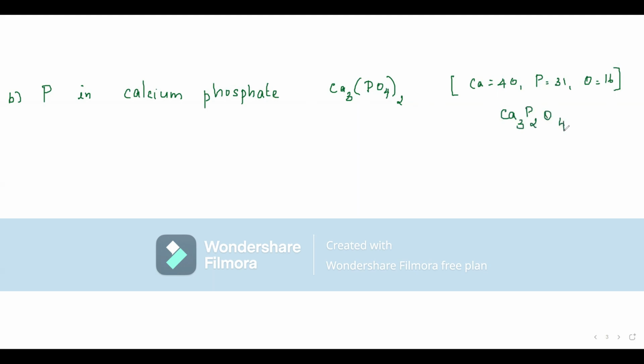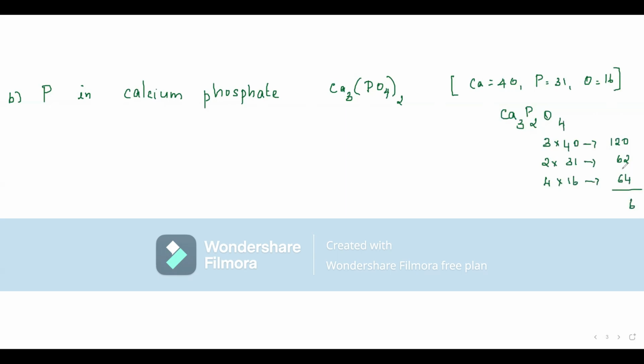That way also you can write and find out the molecular mass. Calcium is 40, so 3 into 40, which is 120. Phosphorus is 31, 2 into 31, that is 62. O4, 4 into 16, that is 64.